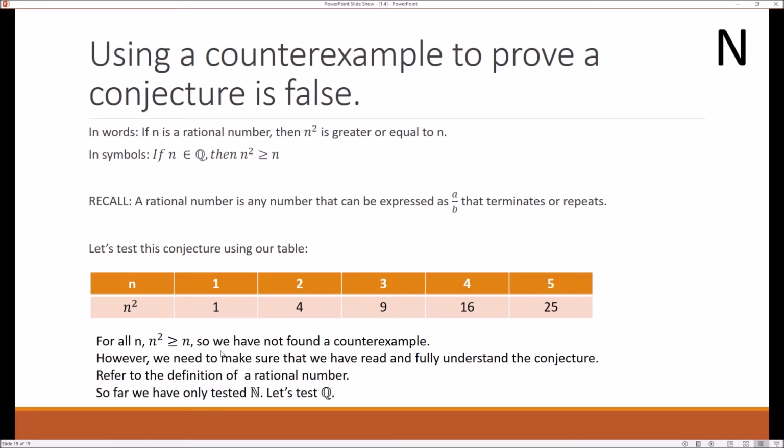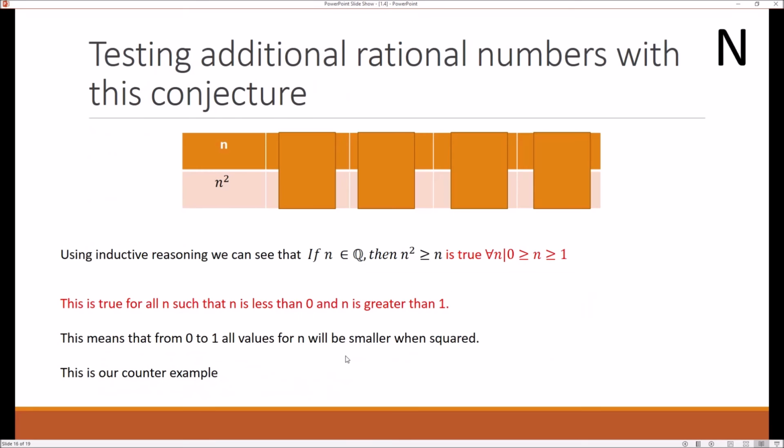Those are natural numbers. The natural numbers are a subset of the rational numbers, meaning there are more rational numbers than natural numbers. So we have to broaden our scope and not just test these easy ones. We have to make sure we fully understand what a rational number is, and that we've tested as many examples as possible with or without finding a counterexample.